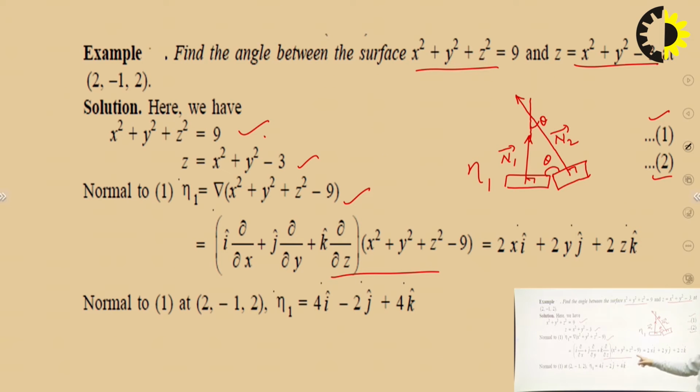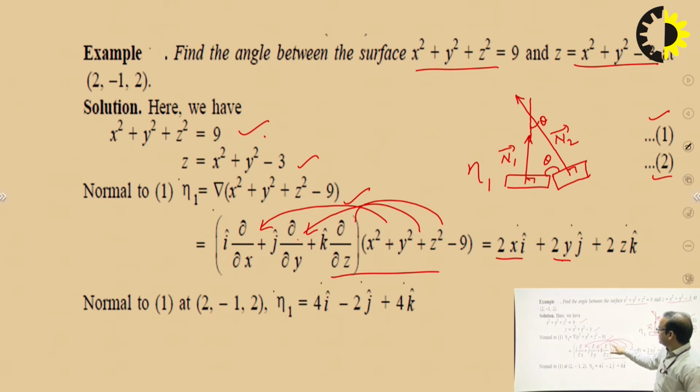After differentiating the components with respect to x, y and z, we get 2x when differentiating with respect to x, 2y with respect to y, and 2z with respect to z, because all other parts in partial differentiation will be 0.